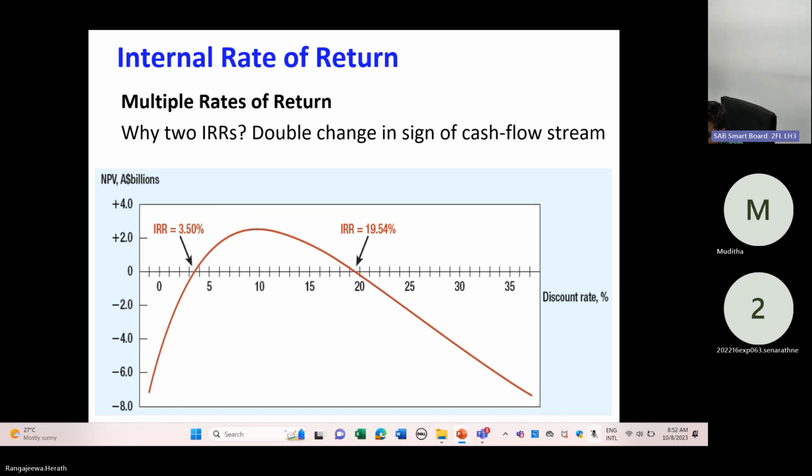This is applicable to a project with non-conventional cash flows, that means an unusual cash flow pattern.